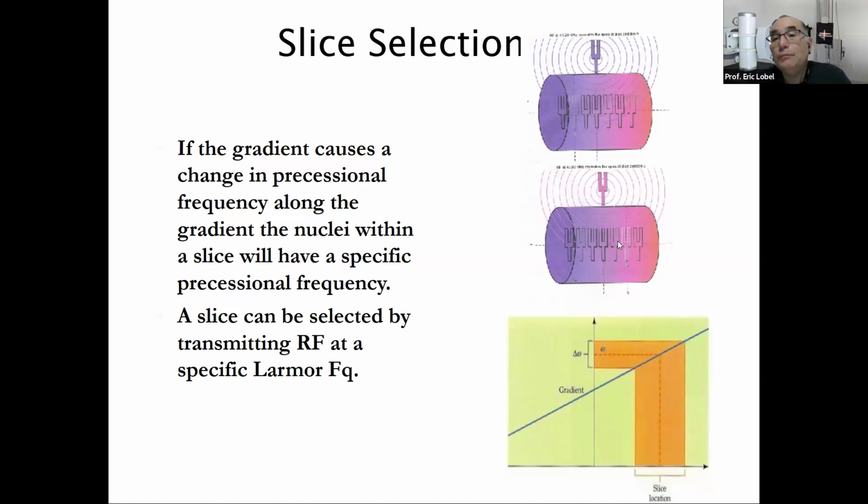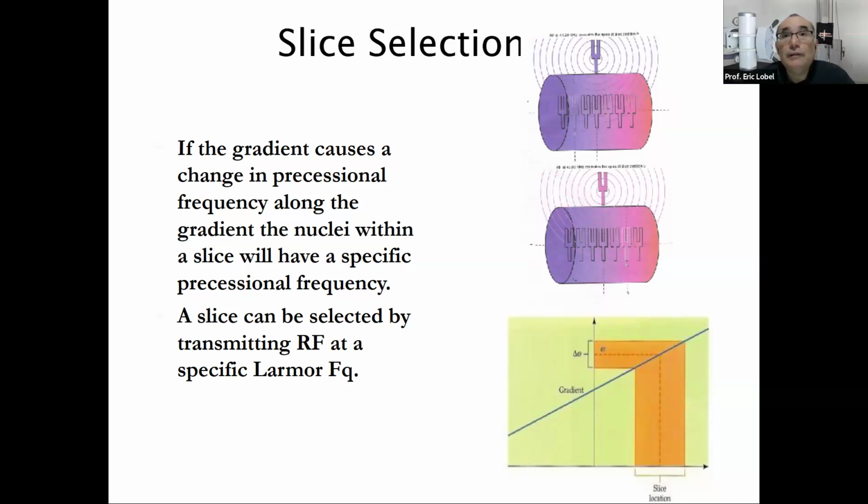So if we have a few protons from left to right here, because the gradient is applied across the entire body, again, we don't know whether it's across axial, across sagittal, or across coronal, but they all work the same way. And now we're going to have a situation that different protons in different places will feel a different magnetic field. And because of that, they will precess at a different frequency, one higher or lower than the other one nearby.